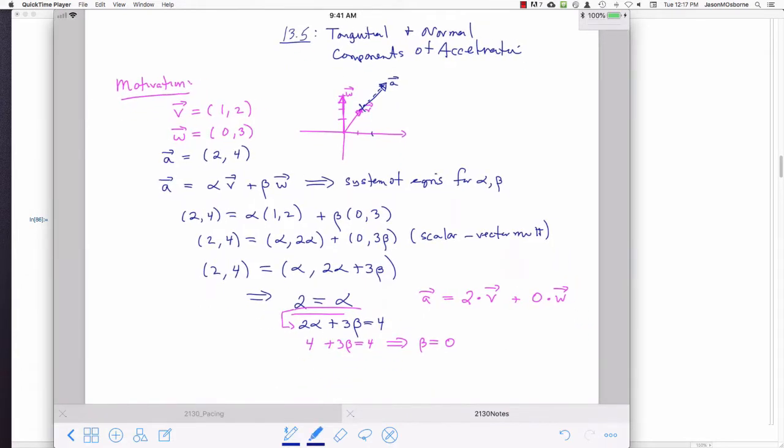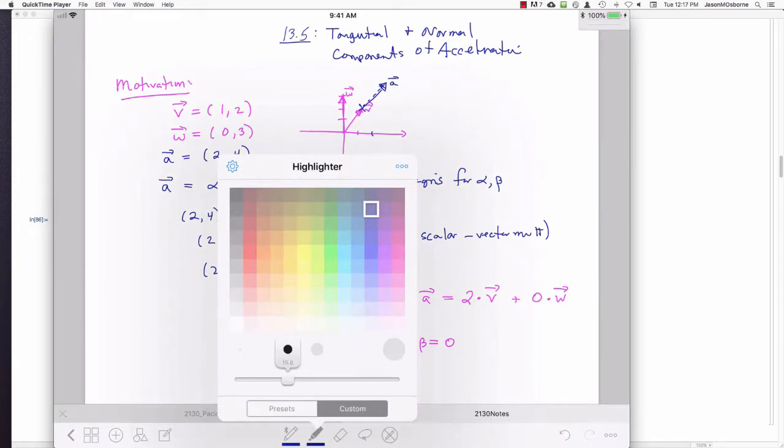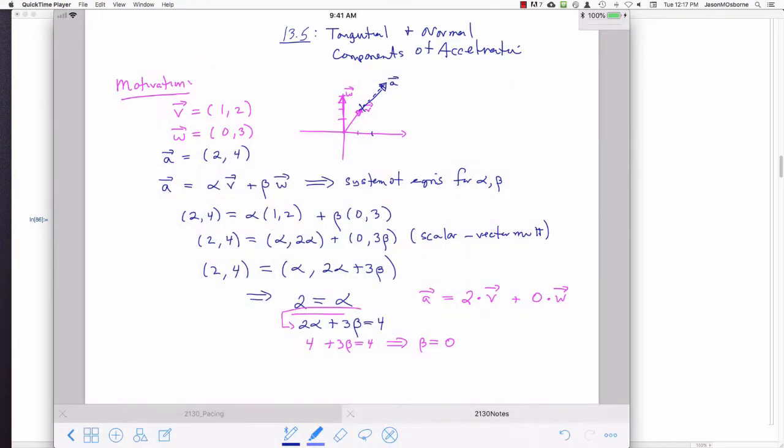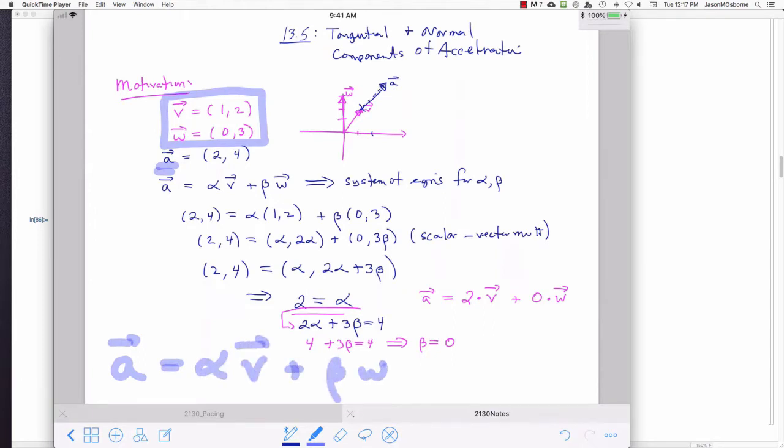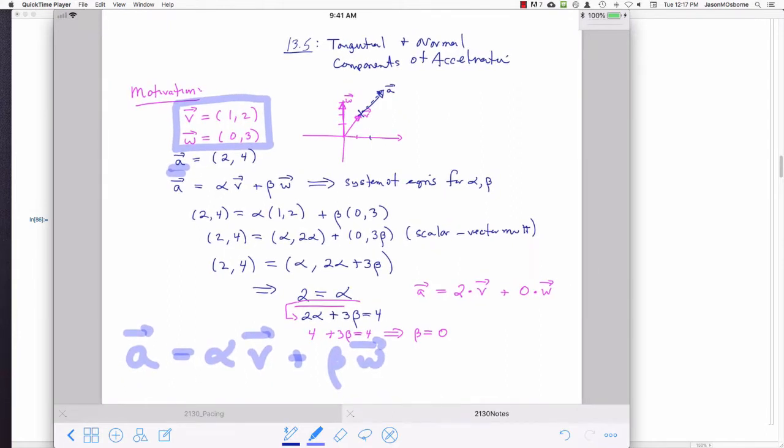The key ideas here were that you've been given two vectors v and w, you've been given some other vector a, and you're trying to write the vector that you've been given as the sum of two other vectors v and w. And the goal is to find alpha and beta. This is called a decomposition problem.